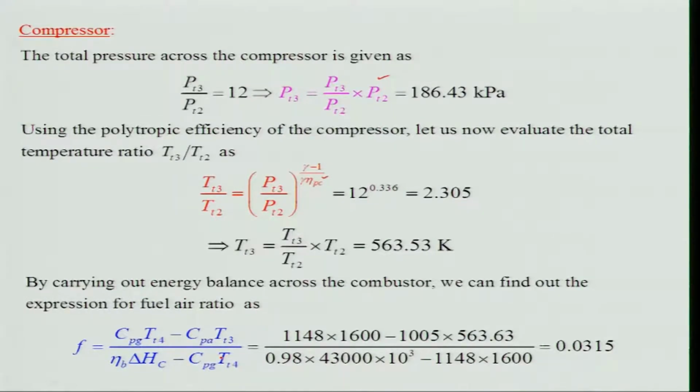If I look at that, it is only eta B that is coming into the picture, otherwise it is similar to that of an ideal cycle. All those values we know, and we will find this is a quite low value, that is the fuel air ratio.